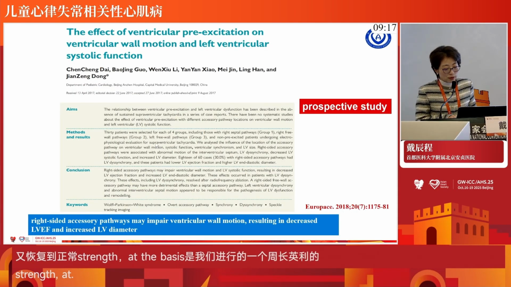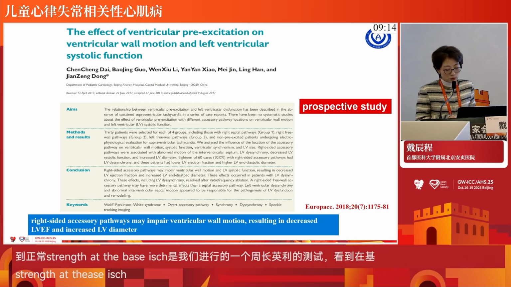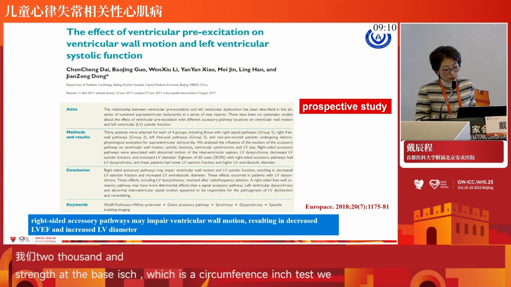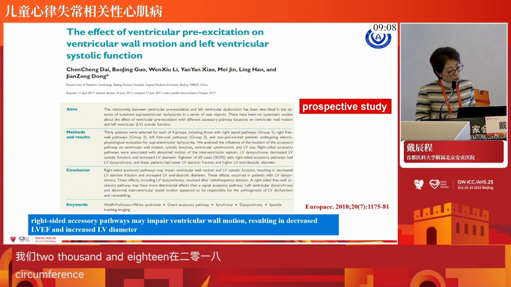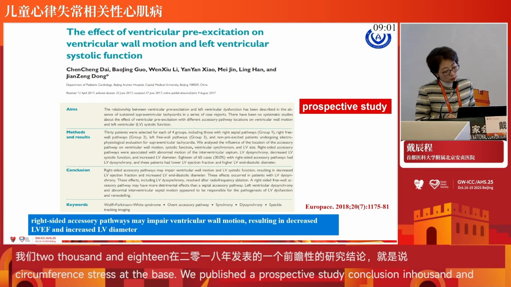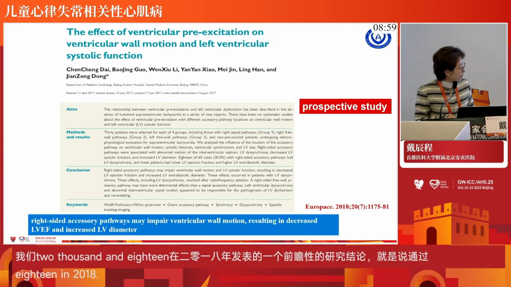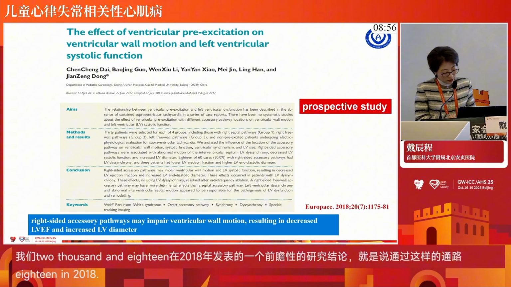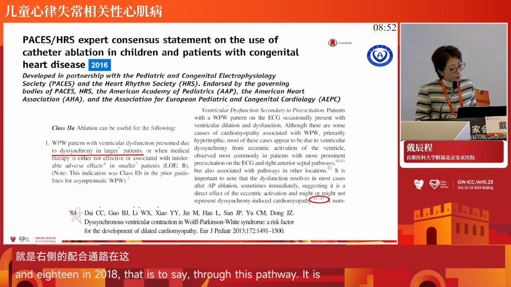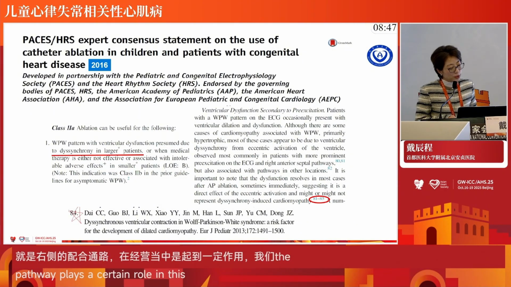And we published this article in 2018. It is a prospective study. The conclusion is that right-sided accessory pathways may impair ventricular wall motion, resulting in decreased LVEF and increased LV diameter. And our article is cited by the PACES-HRS expert consensus statement in 2020.